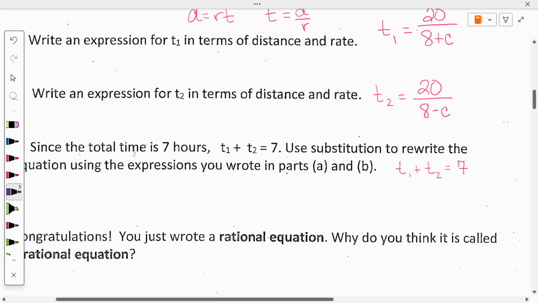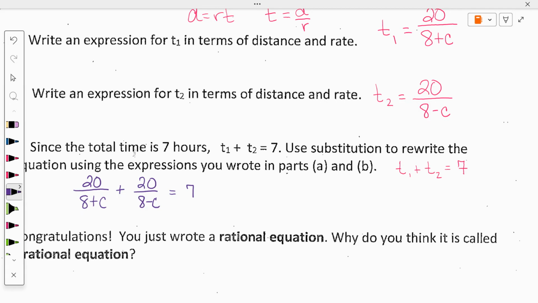Well, we're going to substitute in the expression that we wrote for T sub 1, 20 over 8 plus C, added to the expression that we used for T sub 2, 20 over 8 minus C, and we're going to set it equal to 7. Okay, we're not going to solve this yet.